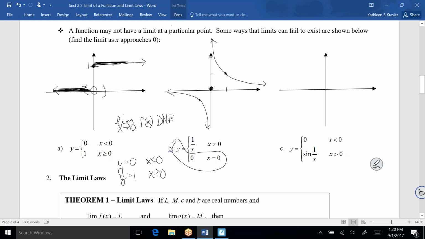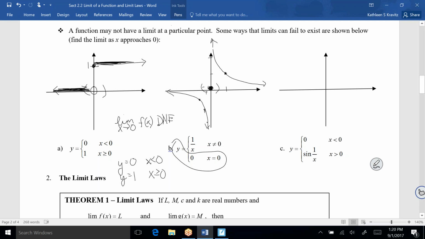All right, so let's do the same thing. Let's look and see what's happening to our y values as our x values get closer and closer to 0. So again, we're looking at x values to the left of this point right here and to the right. If I look at what's happening to the left of 0, my y values are down here.